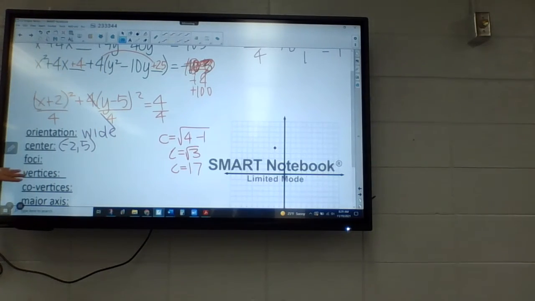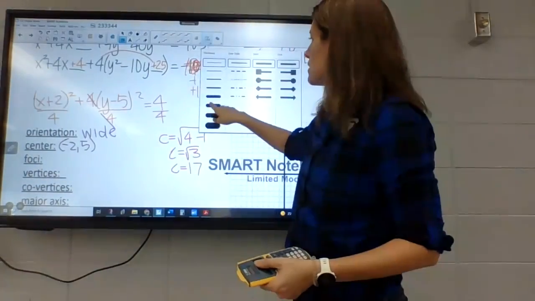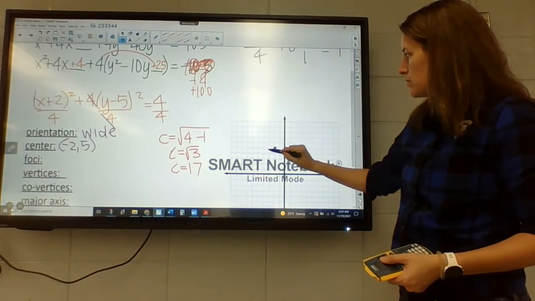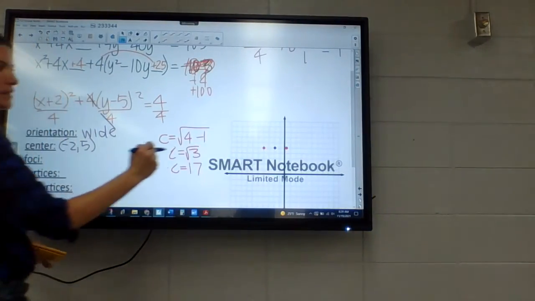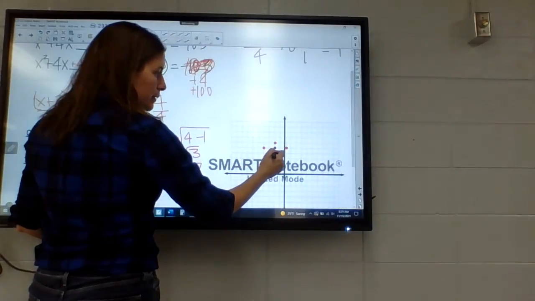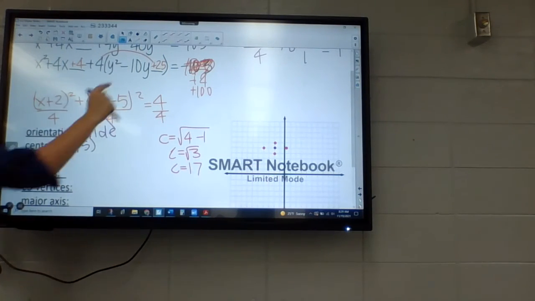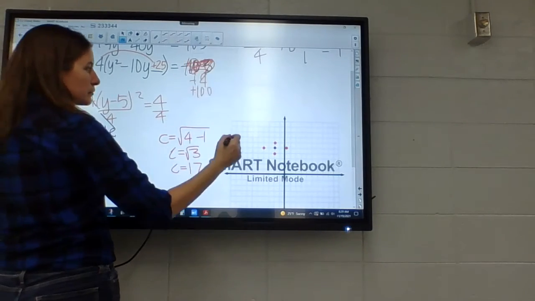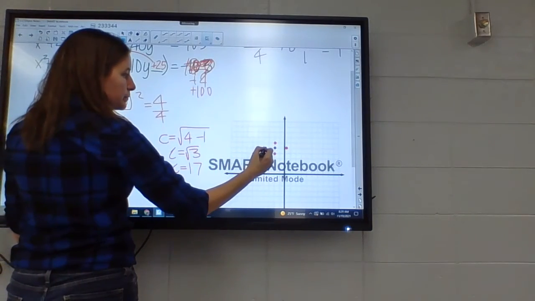So vertices, we're gonna go out 2 in both directions. Two and 2. And co-vertices, we're going up and down just 1, so tiny little ellipse here. I can make my dots smaller, otherwise they won't all fit on here.